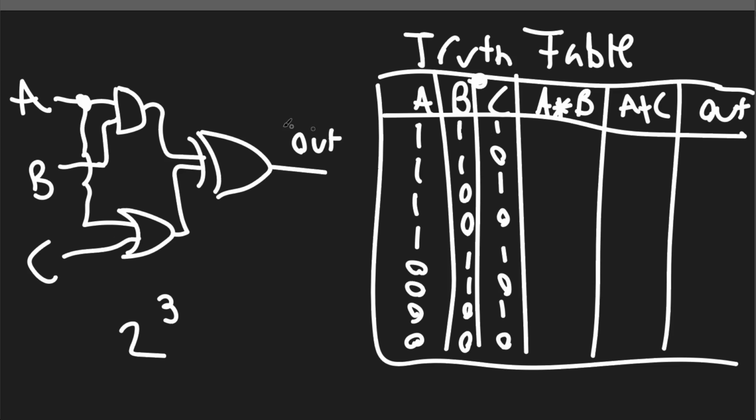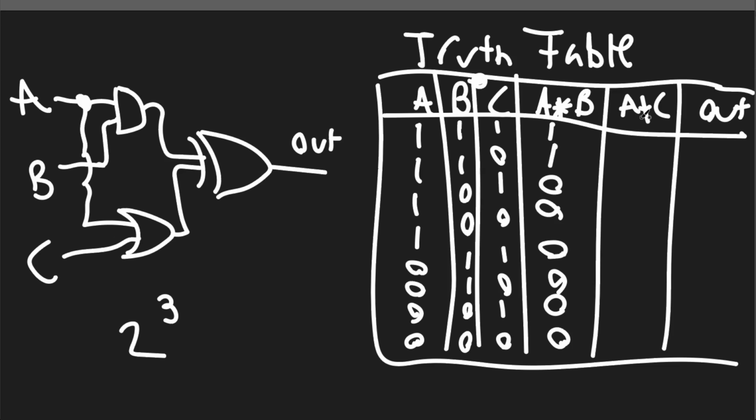So, if we have A and B on, A and B is going to give us a 1. And if not both A and B are on, we'll get a 0, 0, 0, 0, 0, 0. You see, both A and B have to be on to give us a 1 on A and B. Now for A or C, we have to have either A or C on.